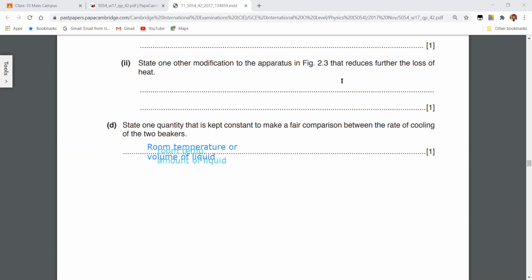Room temperature, or amount of liquid should be the same. Okay, we did.